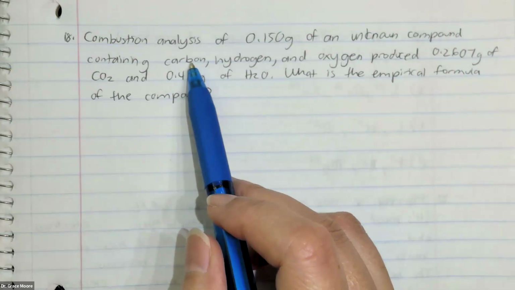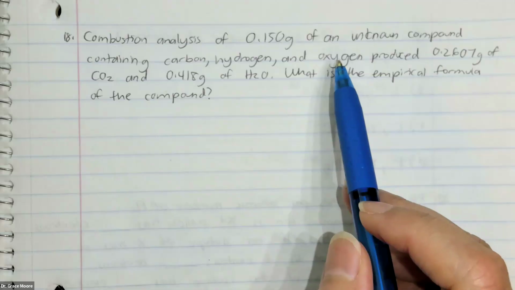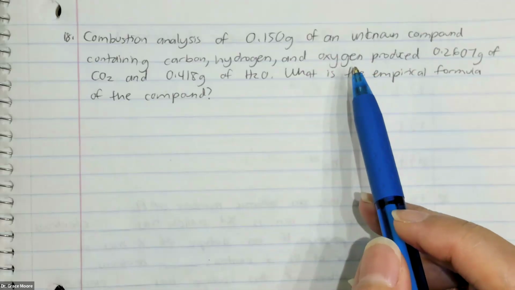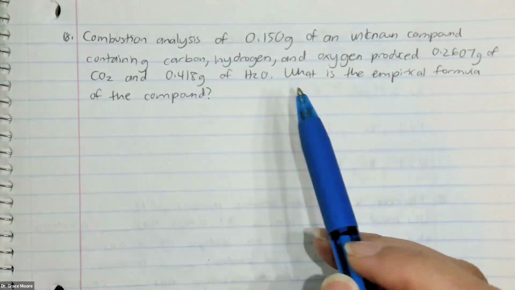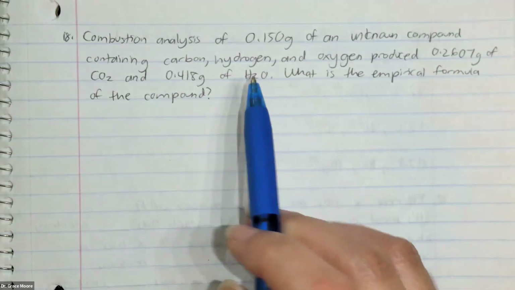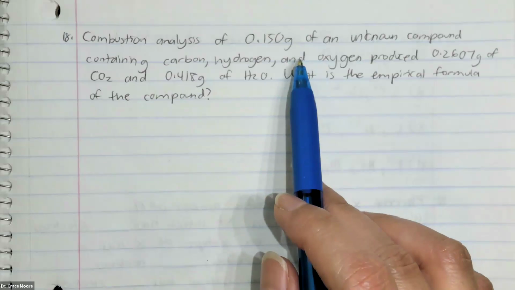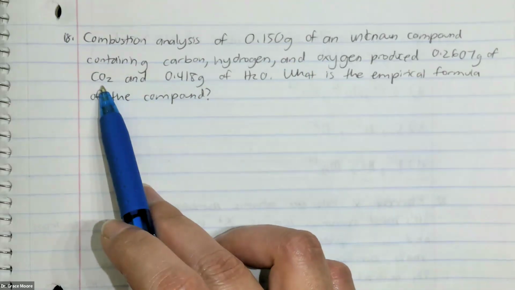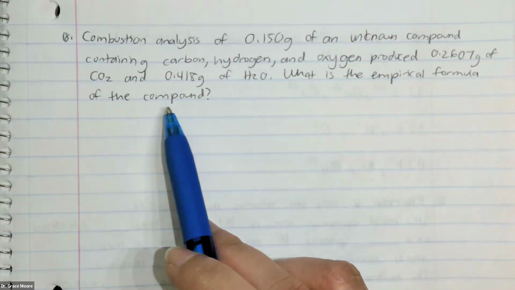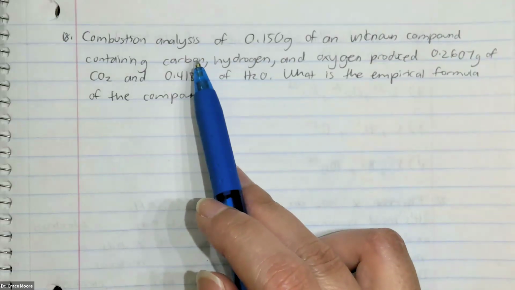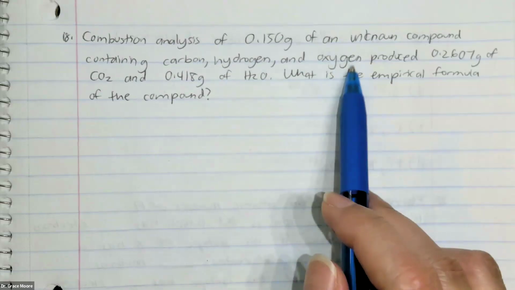I know my reactant has C, H, and O, and you take that and combust it. You actually put oxygen gas to be lighted up and burn it, and then you'll make carbon dioxide and water. So combustion is always whatever you start with plus oxygen gas equals CO2 and H2O. So they're asking you for the empirical formula of the unknown that has C, H, and O.